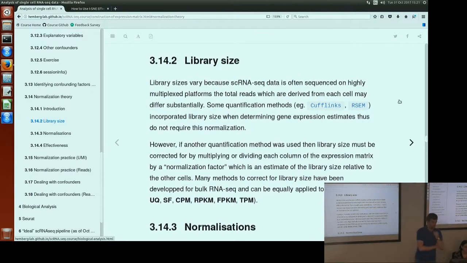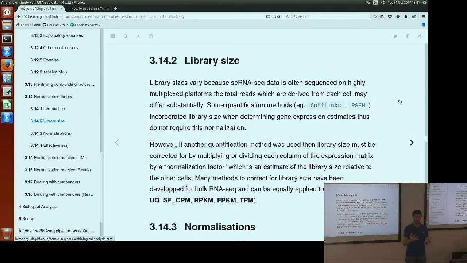As you already will know, what we call the library size is the total number of reads or counts that we can assign to a particular cell. These library sizes vary a lot because single-cell RNA-seq data is often sequenced on highly multiplexed platforms, and so just by chance, with the stochastic nature of sampling and library prep, the total reads derived from each cell may differ substantially.